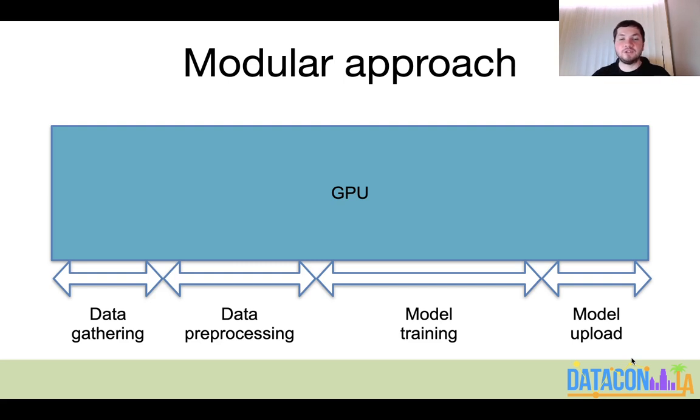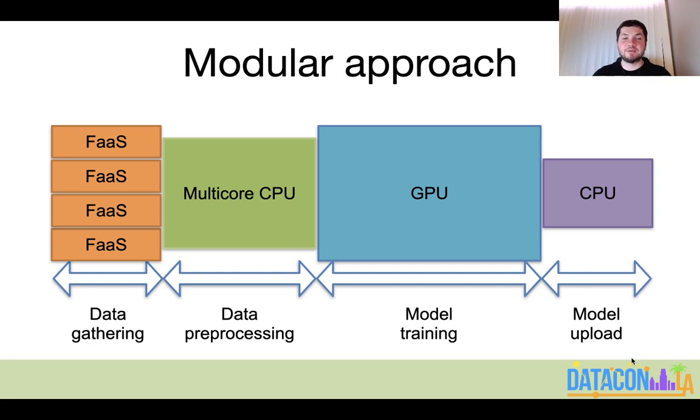For example, only model training may need GPU. So actually we can just divide the steps to use different services. For example, for data gathering we can use FaaS because we have multiple data sources. For data preprocessing we can use multi-core CPU, and for model training we can use GPU. In this case, we try to optimize for GPU idle time.